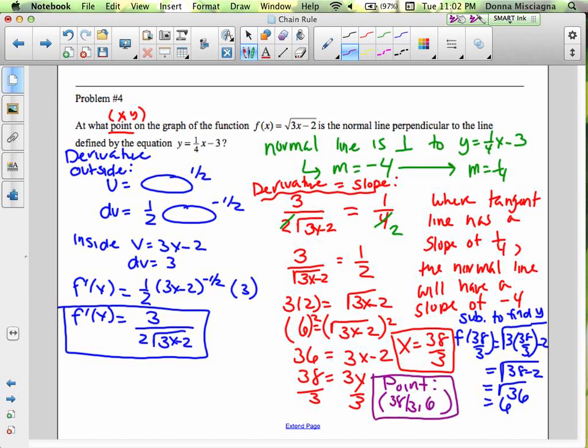All right, so the answer to the question: it says at what point?